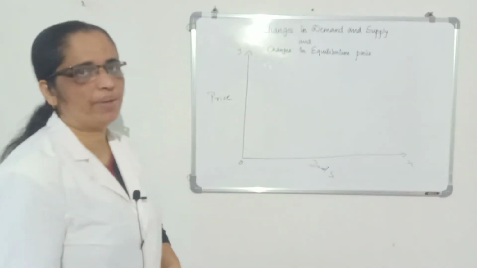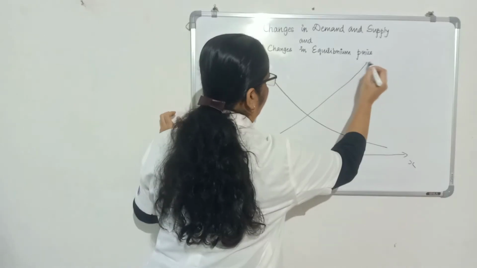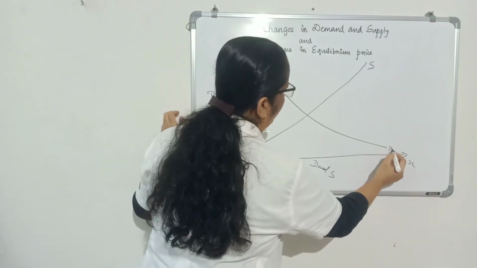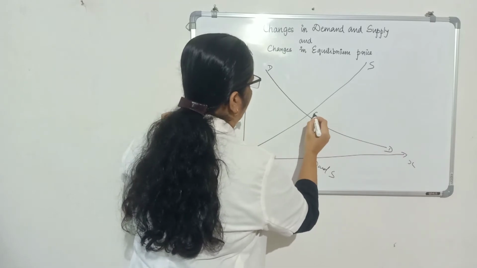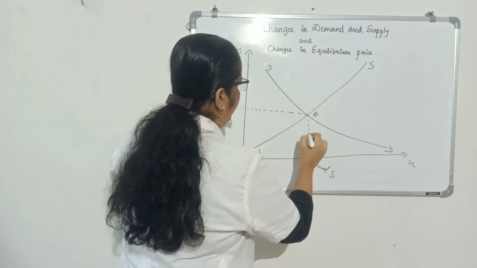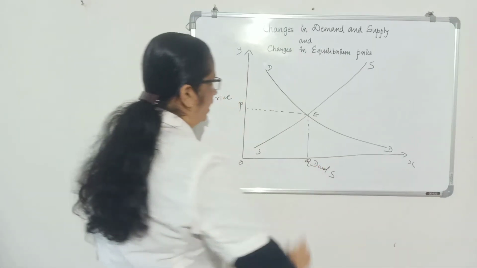Given a market equilibrium, supply curve and demand curve. As you know, given a market equilibrium, the initial equilibrium, the corresponding price quantity combination, OP price and OQ quantity.